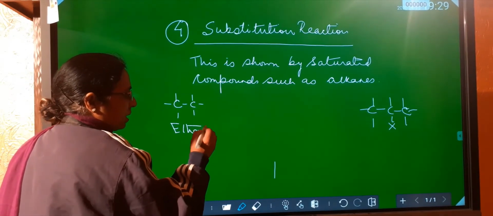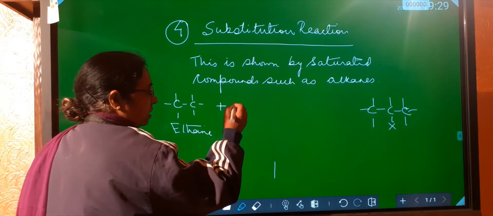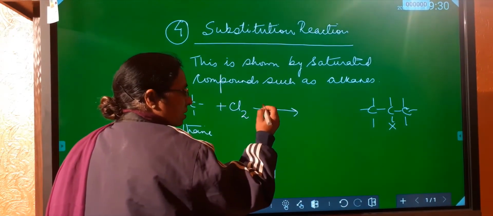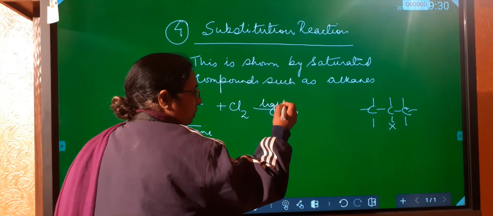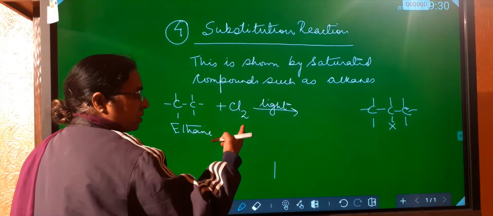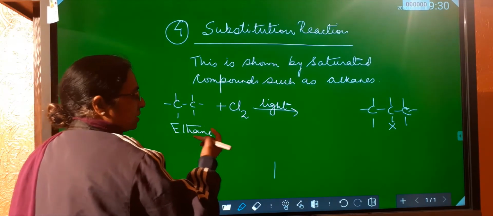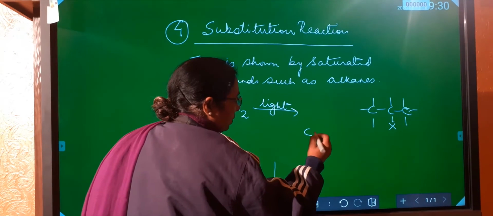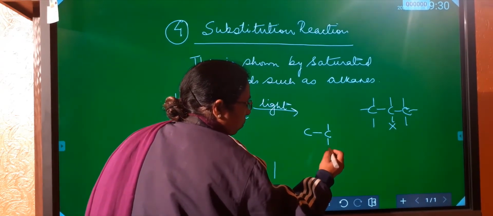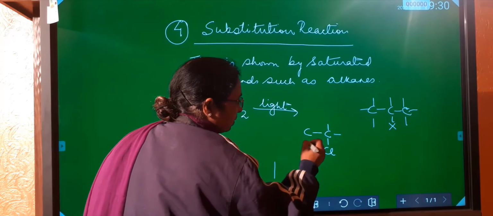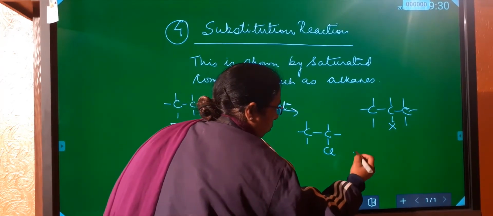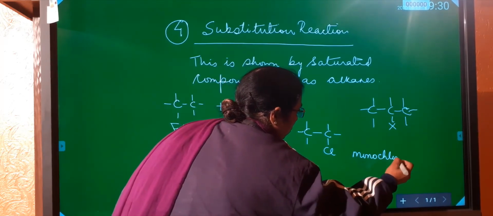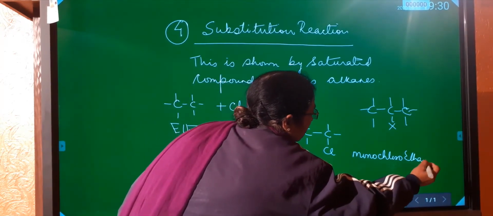Alright, so if I take the example of ethane, and if this is done with halogen, then over here this has to be in the presence of light. Alright, in the presence of light this reaction takes place, and now we will be getting a number of products. How will we get them? Say we get 1 Cl over here, so this becomes monochloroethane.